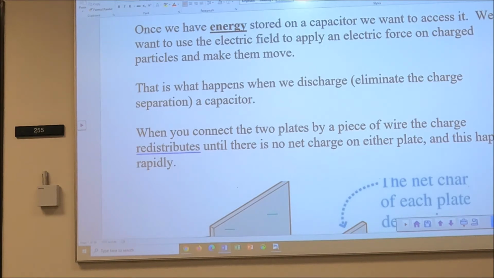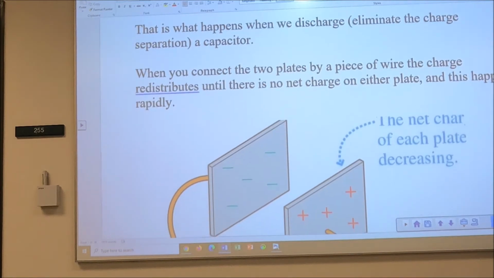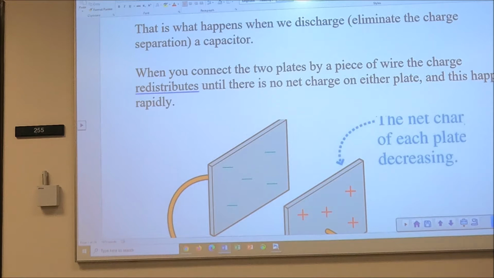Now the electric field is going to be our agent of force, okay, to move charged particles through a circuit. Now, what we're going to be talking about then is discharging a capacitor, which is eliminating the charge separation.